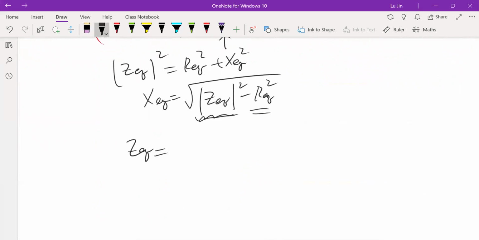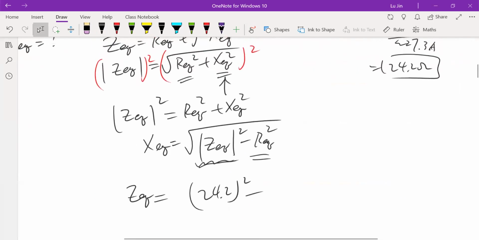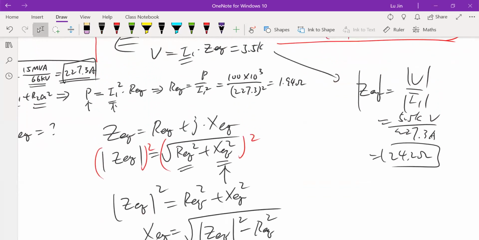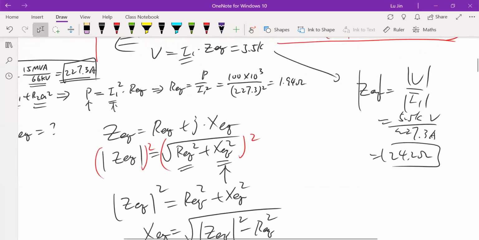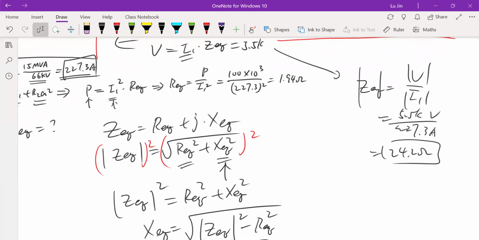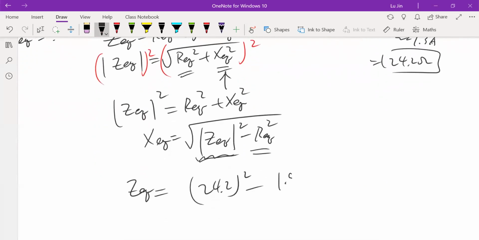Now this is known, so 24.2 squared minus REQ squared. REQ equal to how much? I remember, 1.94 ohms, right? Yeah. REQ equal to 1.94 ohms. Oh, sorry, I think I wrote the wrong thing here. Sorry for that.